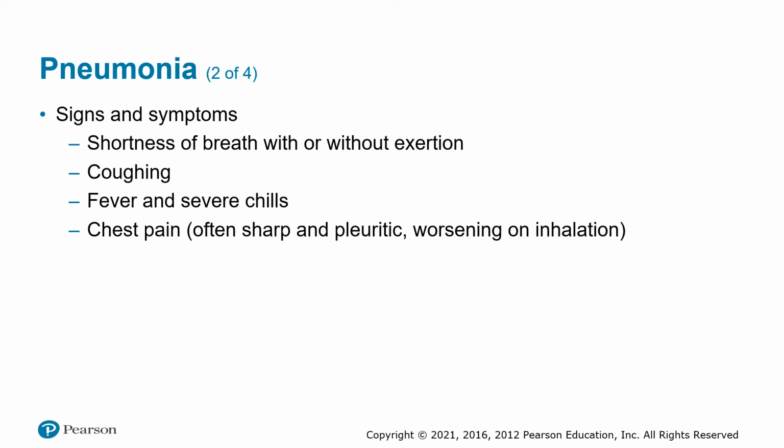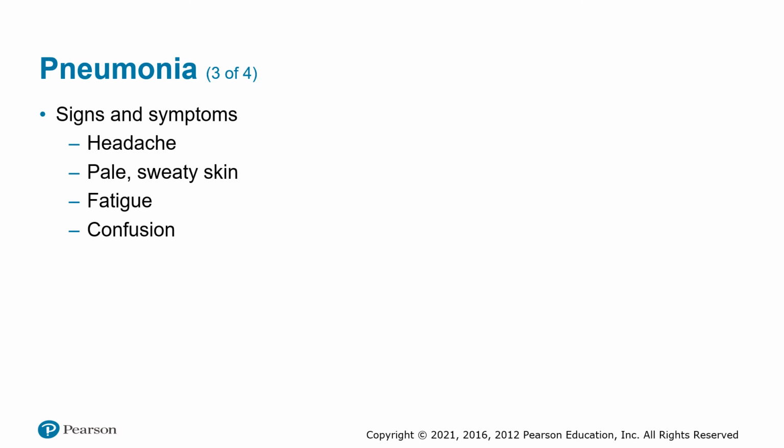So they're going to have shortness of breath, coughing, fever, and severe chills, chest pain. This chest pain is often more of a sharp pleuritic chest pain that hurts worse when they inhale. They can have a headache, they could be pale, sweaty, they could have fatigue and confusion as well.